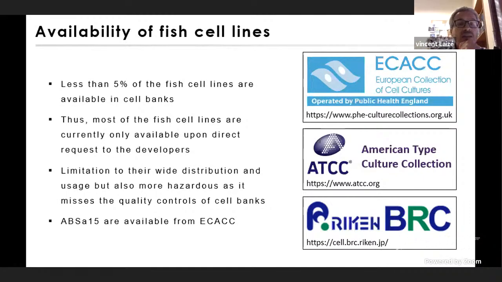Just to mention that among the 11 cell lines developed in Portugal, in particular at the CCMAR, only one is available, and that one is available in the ECACC. It's a cell line that was developed from the seabream, from the branchial arch. And well, it's not enough, and we are certainly aiming at depositing more cell lines in the future in the database.